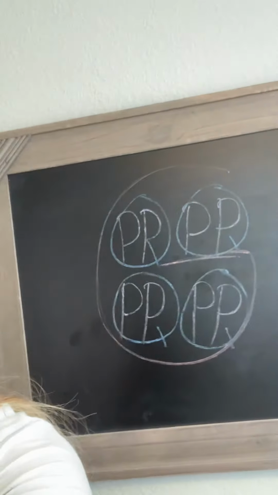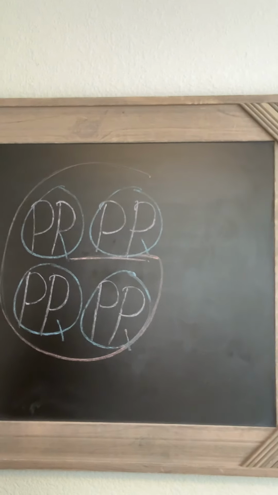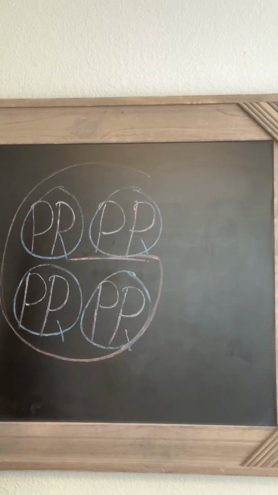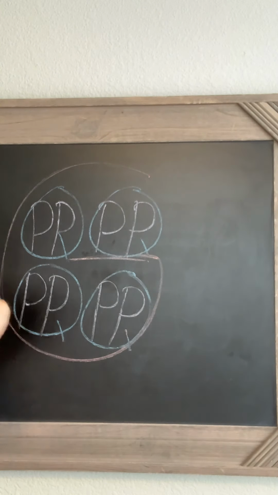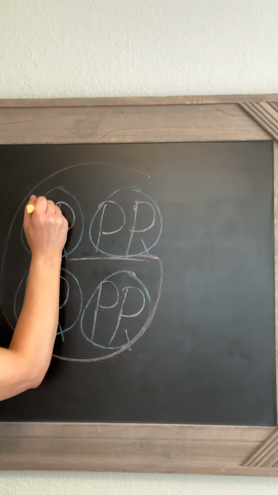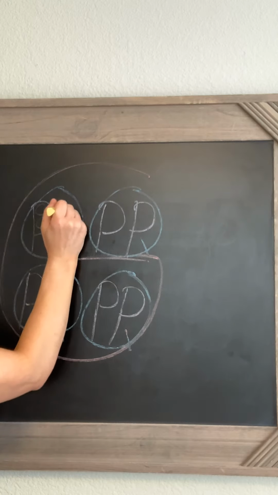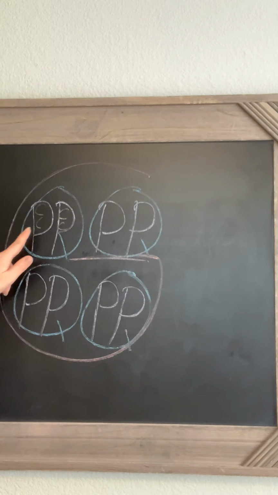Okay, so next, inside of each pint is 2 cups. Cups begins with the letter C, so I'm going to put 2 C's in every pint. So now when we look at that, we have 2 cups equal 1 pint.